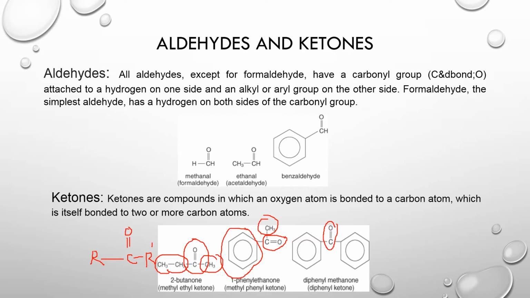One more basic example for a ketone is acetone. Acetone is CH3 C double bond O CH3.